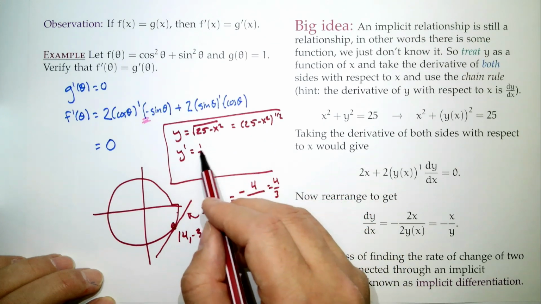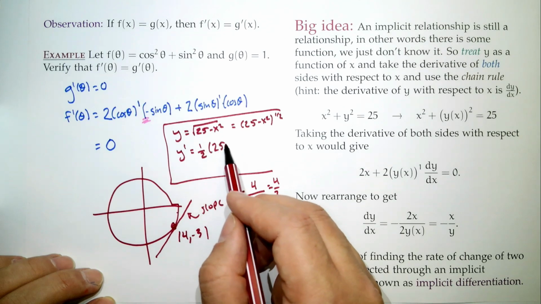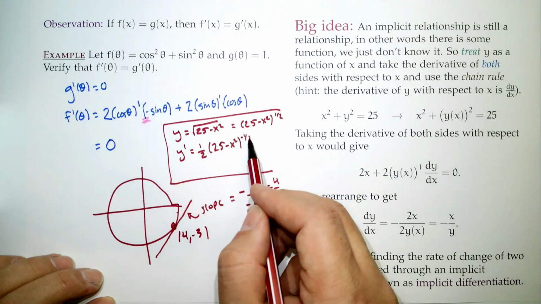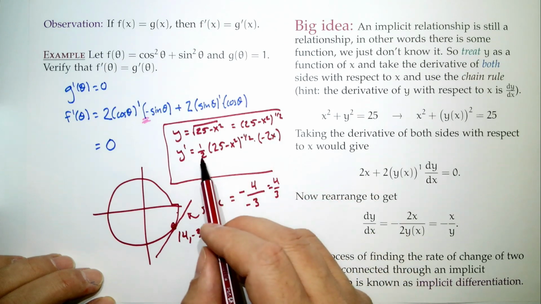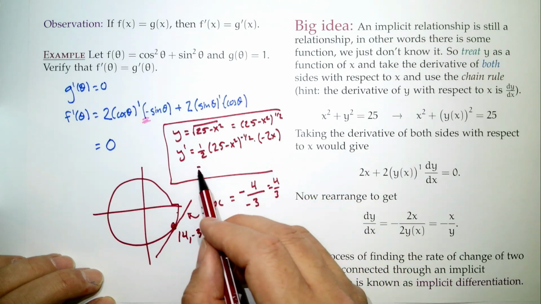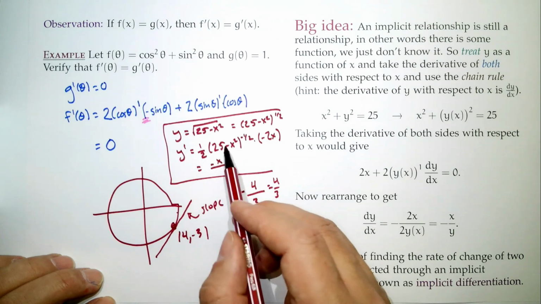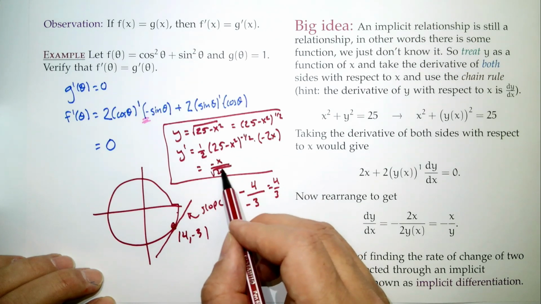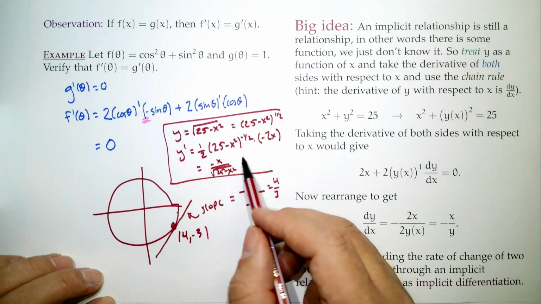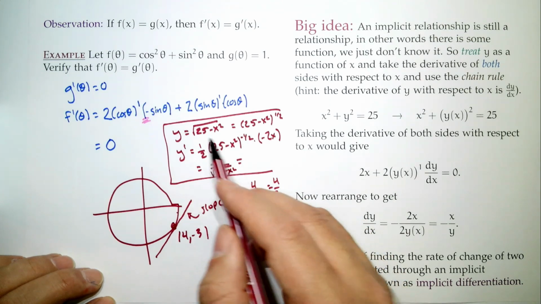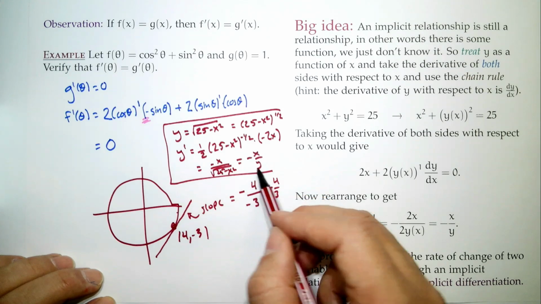This would be 1/2 comes down, 25 minus x squared to the minus 1/2 times the derivative of the inside, which is minus 2x. 1/2 times minus 2x would leave us with a minus x upstairs, and downstairs is the square root of 25 minus x squared, because that's the minus 1/2. But the square root of 25 minus x squared is y, which gives minus x over y.